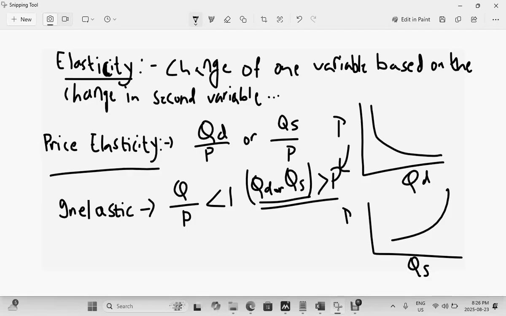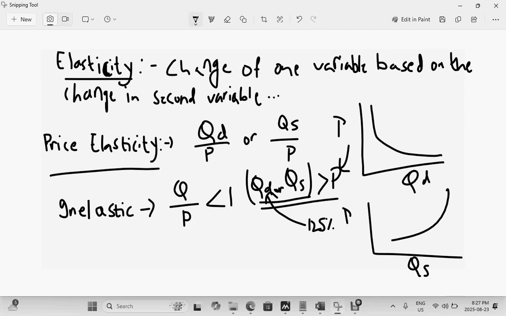For example, if the change in price is 100%, the change in quantity demanded or supplied will be 125%. Say, if you give somebody $1, you will get $10 in return. This is what that means.